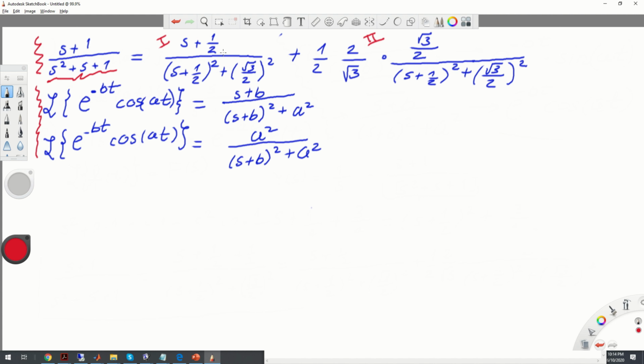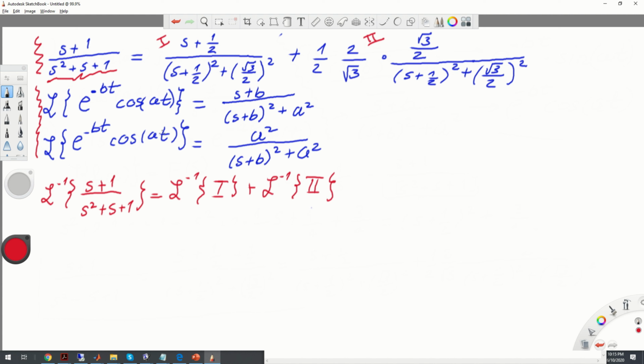By applying these two formulas to this term and recognizing that here b is 1/2 and a is square root of 3 over 2, we have that the inverse Laplace transform of (s plus 1) over (s squared plus s plus 1) is the inverse Laplace transform of the first term plus the inverse Laplace transform of the second term.